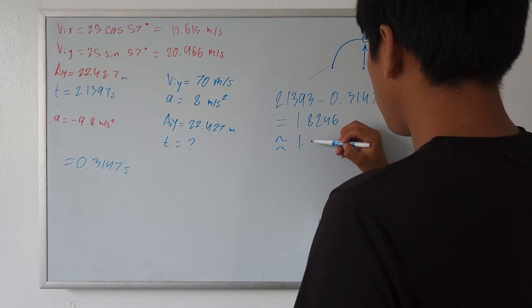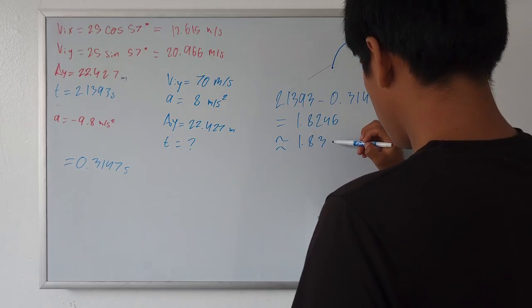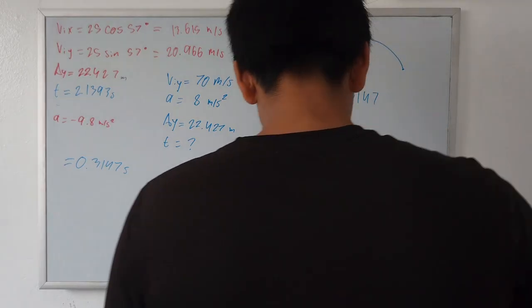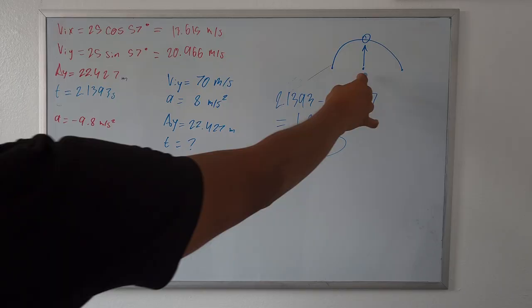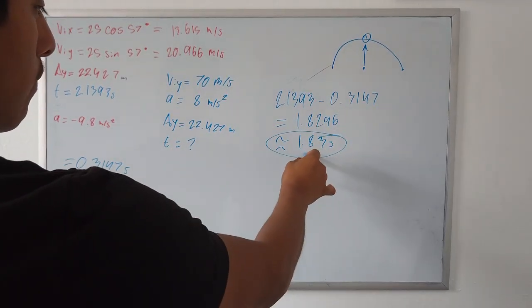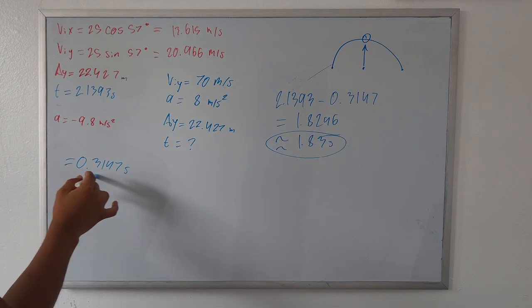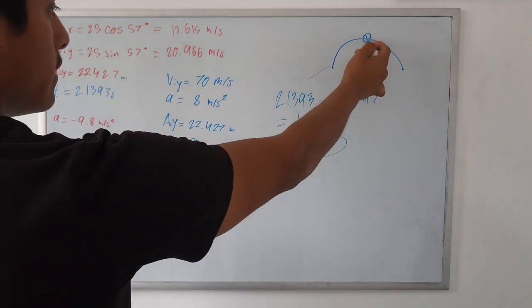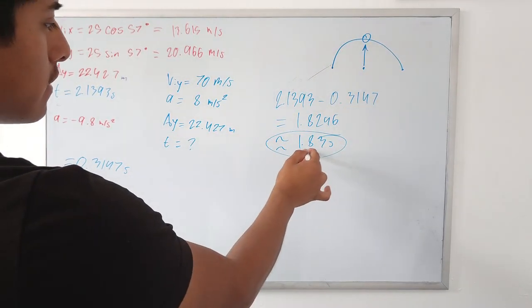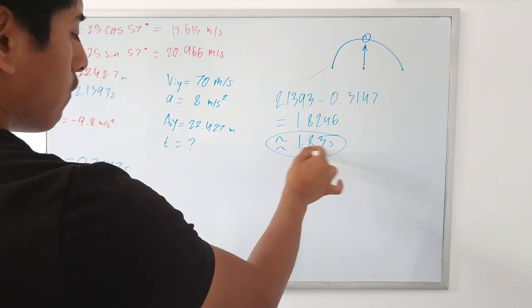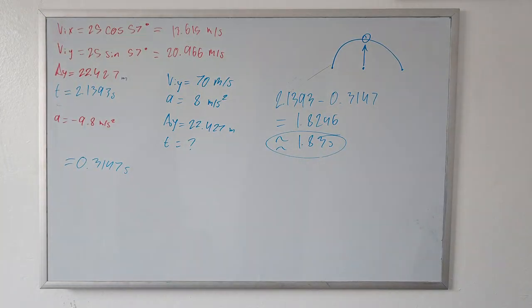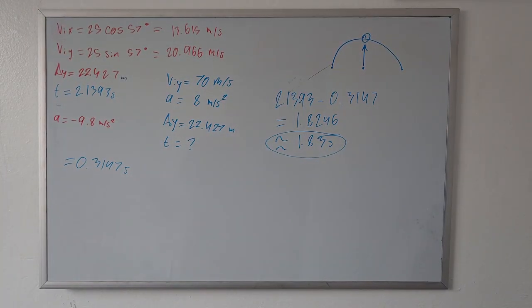Rounding, you get 1.83 seconds. And that means that the rocket should be launched 1.83 seconds after the projectile, because the rocket is gonna be there really quickly, so it should be launched 1.83 seconds after the projectile.